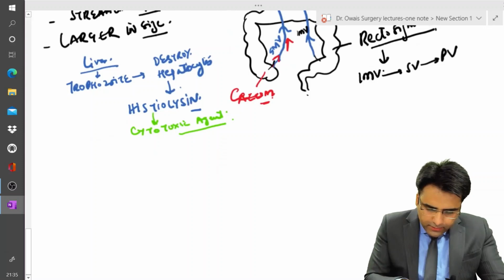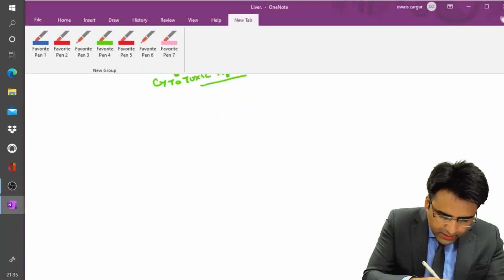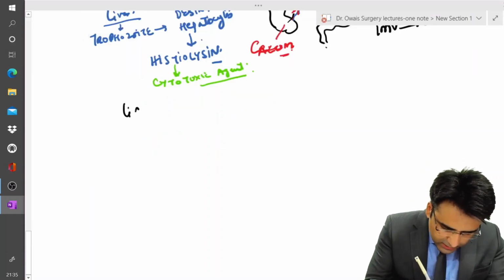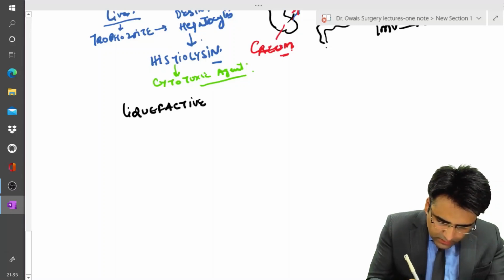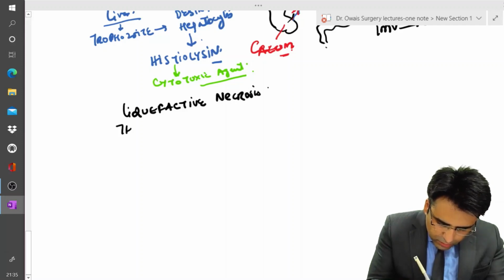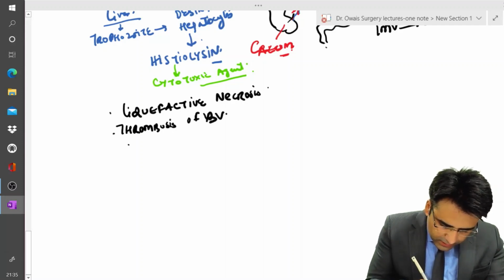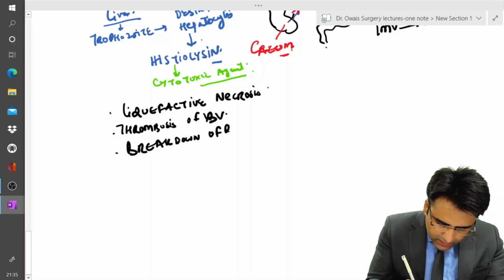And once there is destruction of the liver hepatocytes, what happens? It can lead to liquefactive necrosis, there can be thrombosis of blood vessels, and after that, there can be breakdown of RBCs.